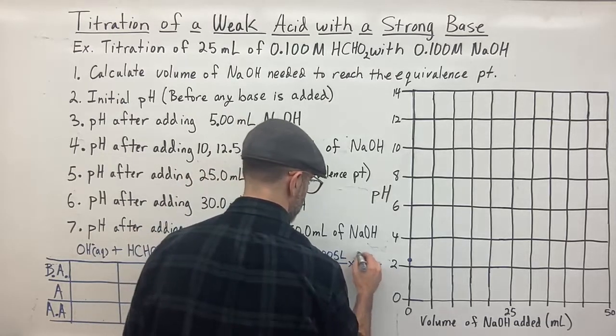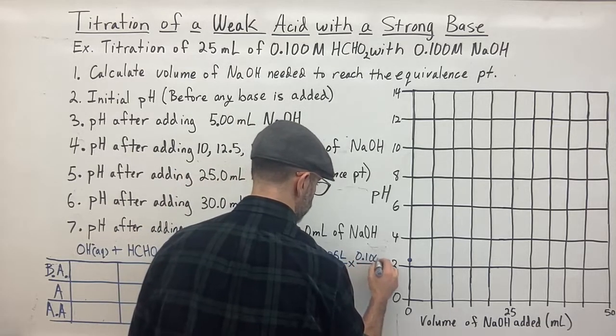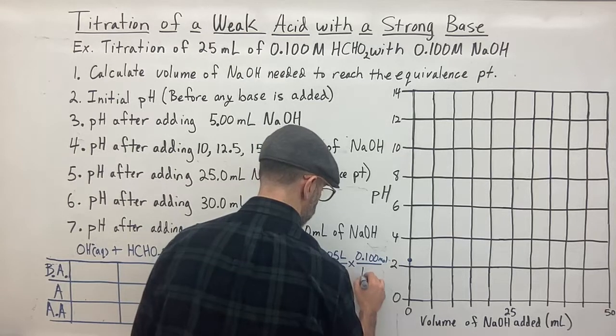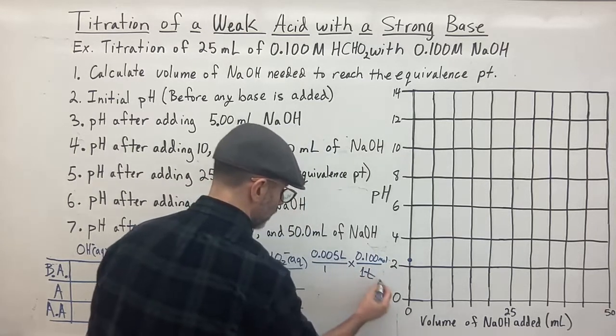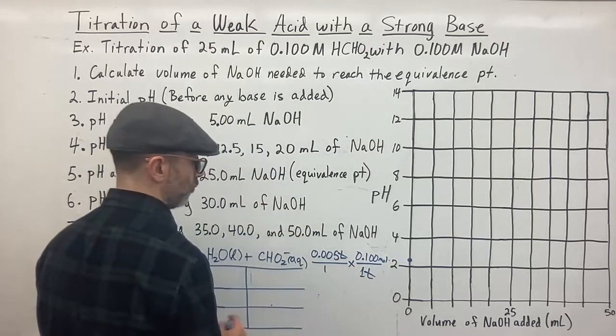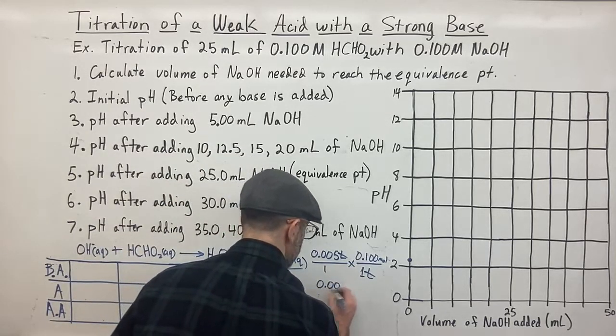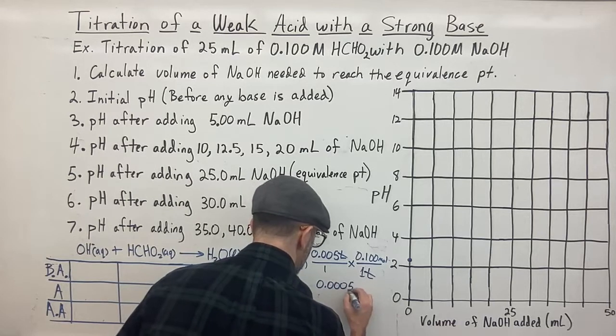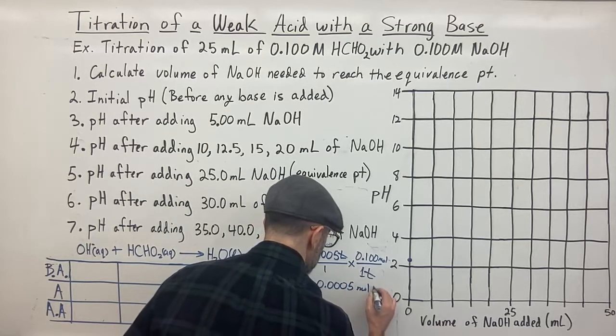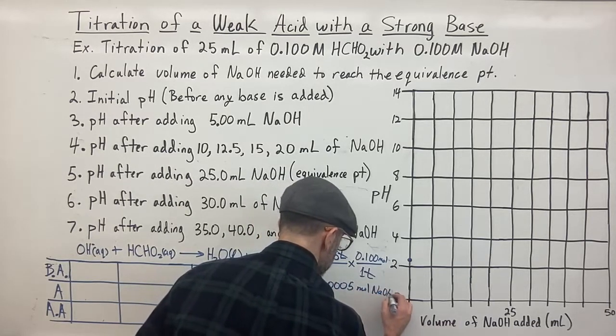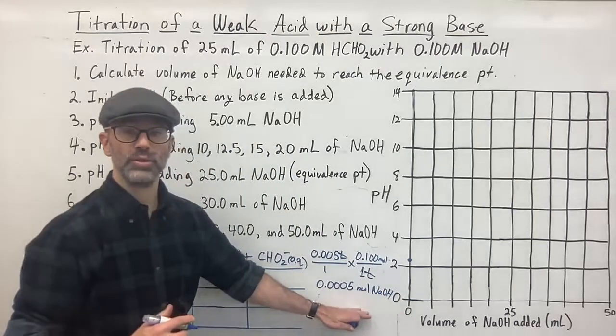So this is going to be 0.100 moles per 1 liter. Liters cancel out and you get moles. So here we've added 0.0005 moles of our NaOH. So that's the number of moles that we added.